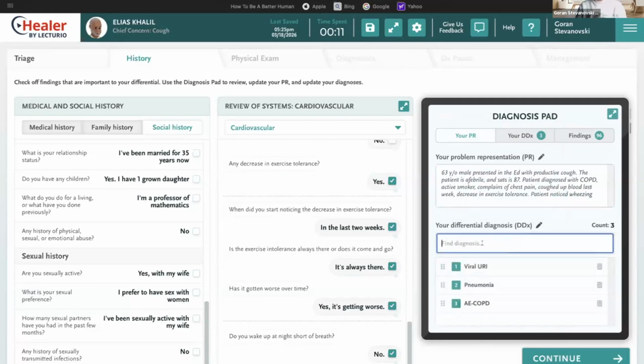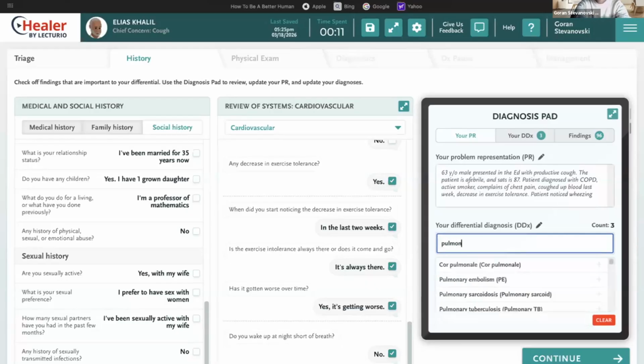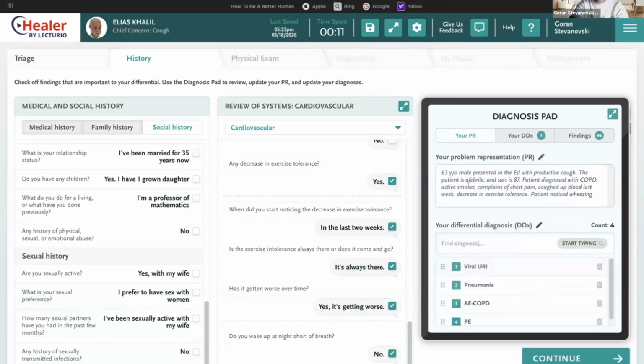Something else that he might have, especially because he coughed up blood, especially because of the tightening chest pain, is pulmonary embolism, for example. Pulmonary embolism, because that's an acute condition and it can cause this. We already have pneumonia, but given that he hasn't traveled anywhere, this would be community acquired pneumonia. The more specific we are, the better in the end.